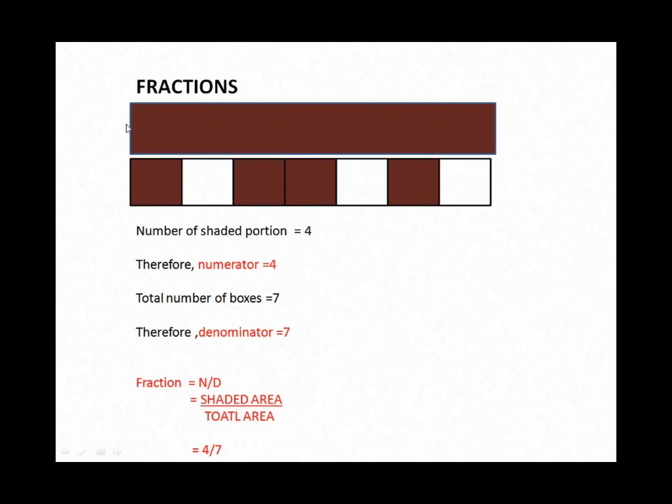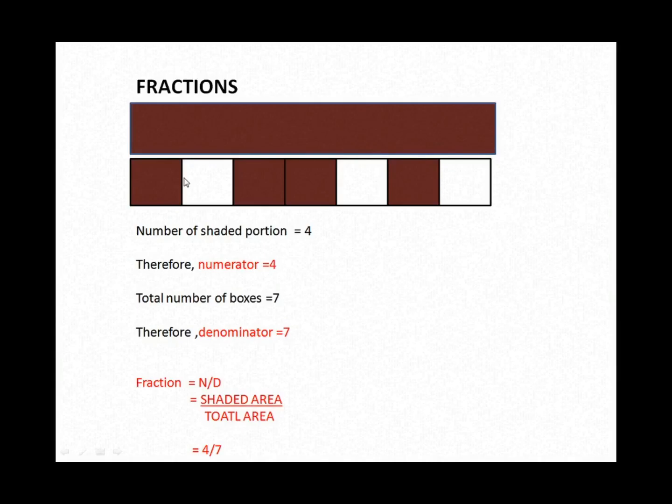Take this rectangular bar as a chocolate bar. Just like what I have discussed with you before with the whole cake, this is my one complete chocolate brick. From this I have divided it into some equal portions. This is the division I have made on this chocolate brick so that I can distribute it.